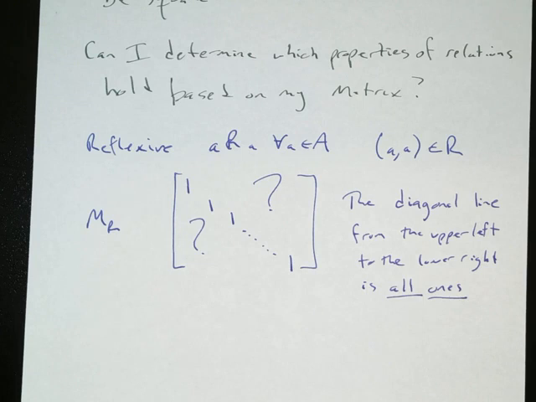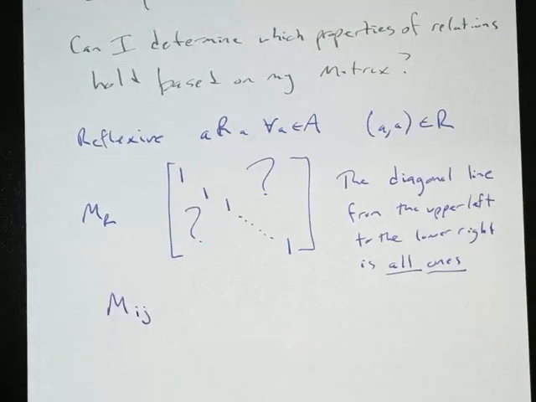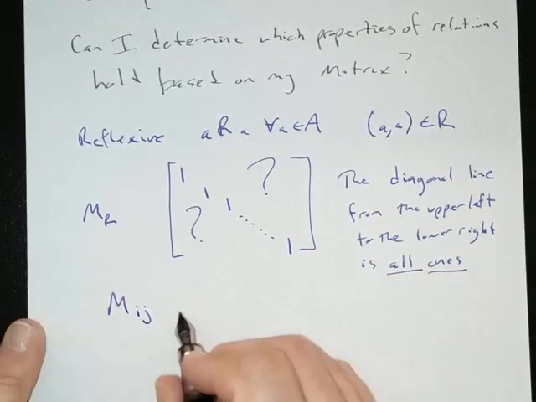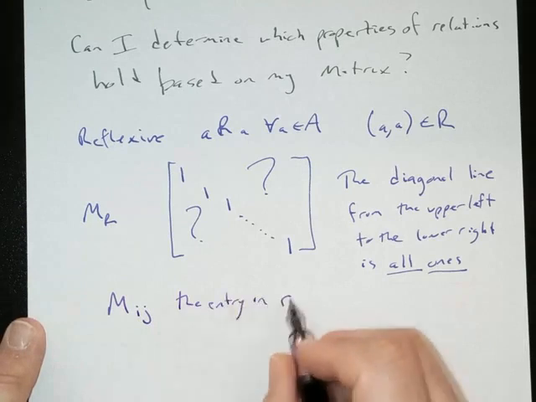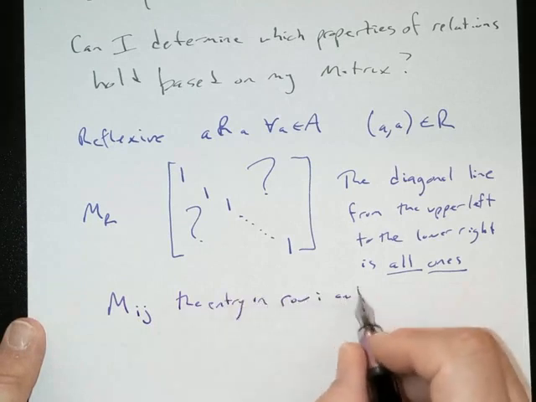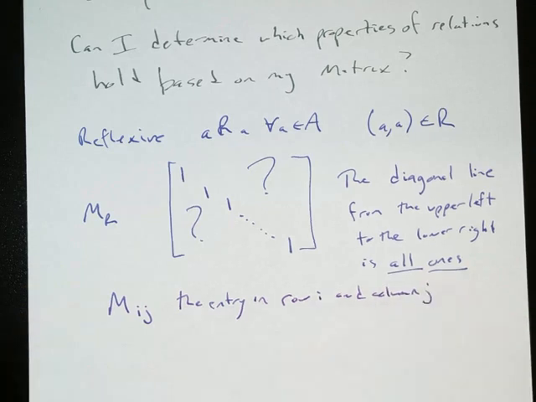I'm going to call the IJ entry the thing in our matrix in row I and column J. It's always row, column.